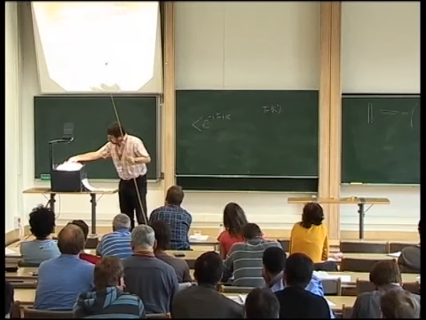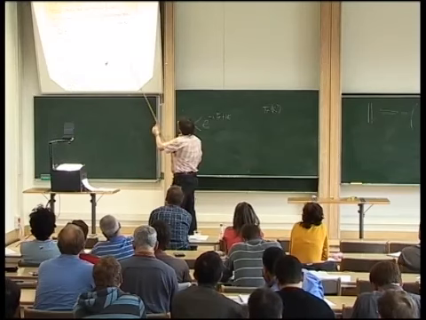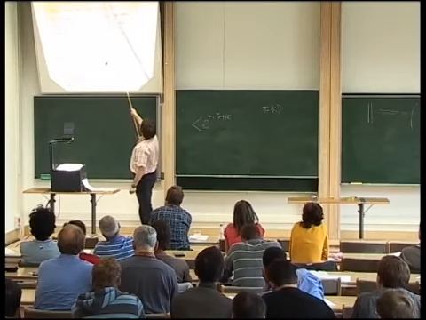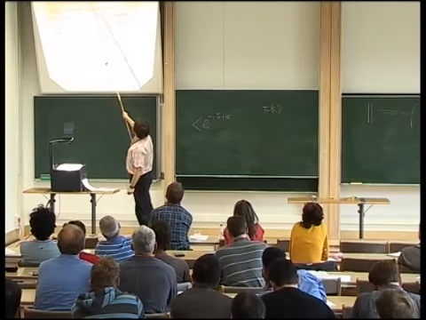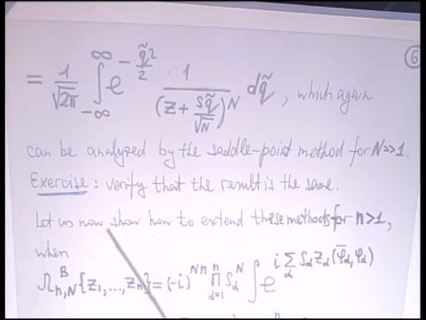You are done. Then you're left with a one-dimensional integral with a Gaussian factor, but also with a factor of this form. So you have 1 divided by something to the n. Write it down as exponential minus n log of this something.